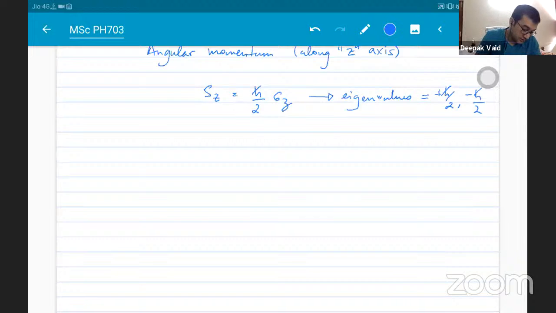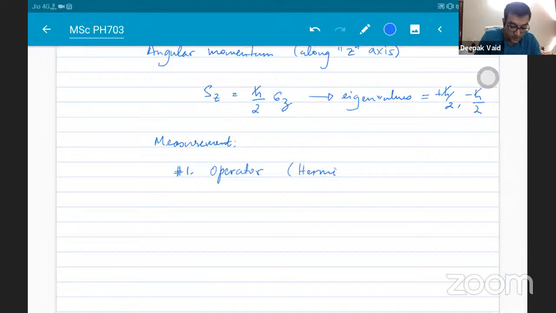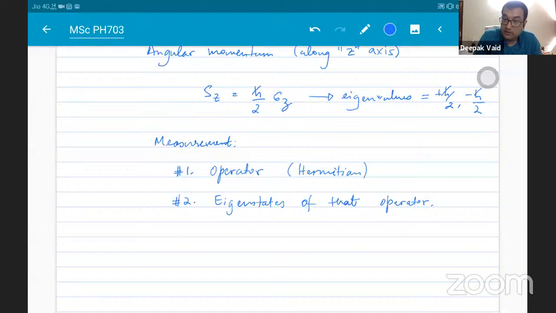So these are the steps in measurement. First of all, you have an operator. We require that these operators should be Hermitian. I'll talk about that later. We have some set of eigenstates of that operator.